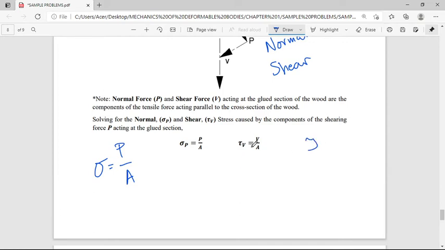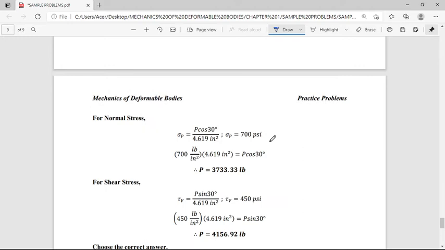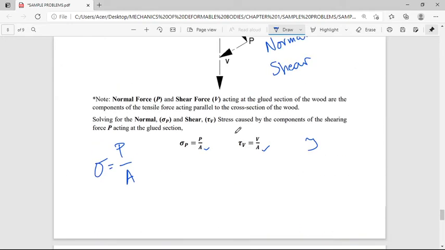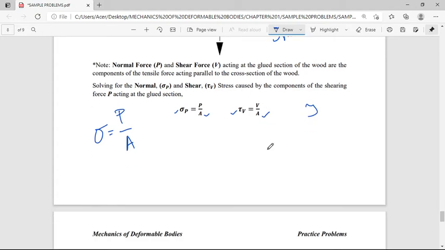And yung symbol para naman kay shear force is V. So, ang known lang natin dito is yung cross-sectional area A na sinolve natin kanina. Okay. And yung values nitong normal and shear stress. Ang hinahanap natin dito is yung maximum allowable load P. Okay.